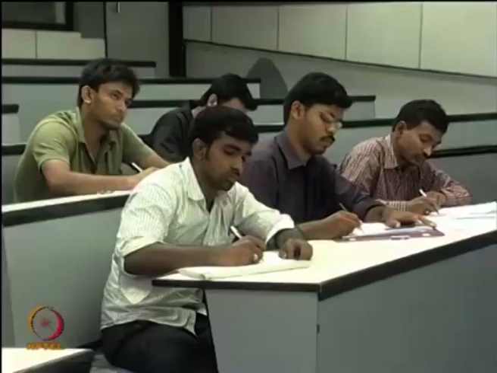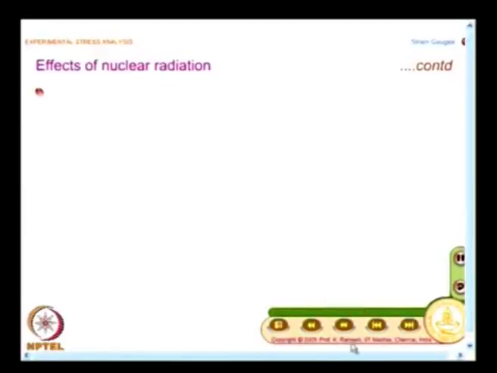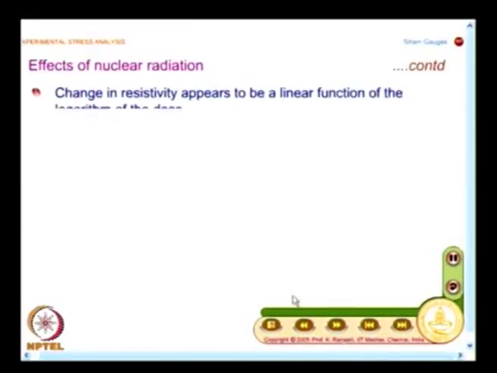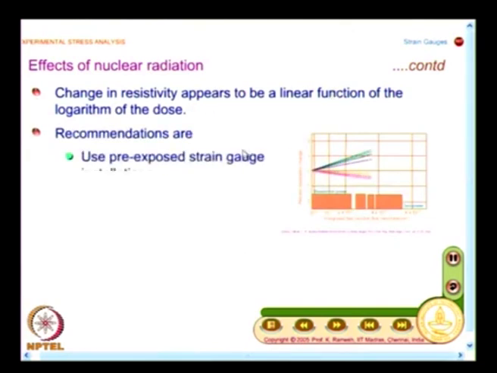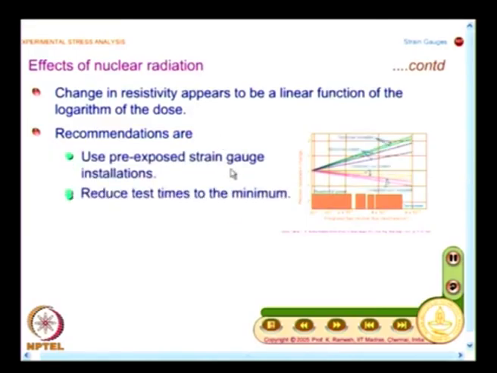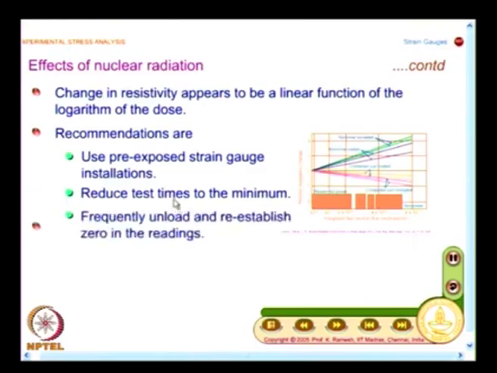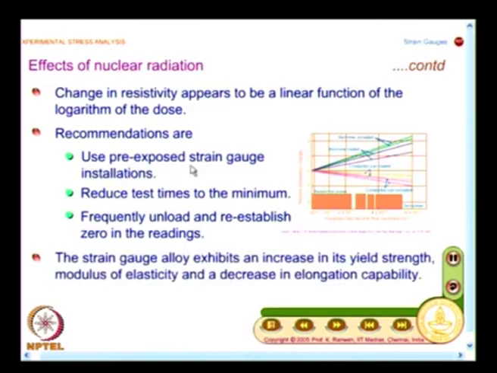So, one recommendation is, the variation is linear, so it is predictable, the change in resistivity appears to be a linear function. So, I can have these as the possible methodologies to improve, and what it says is, use pre-exposed strain gauge installations.